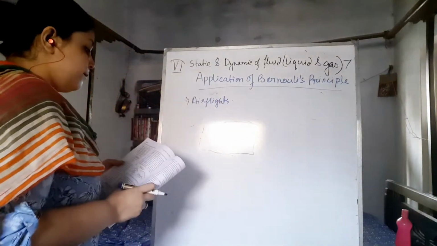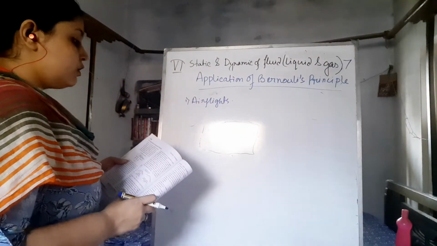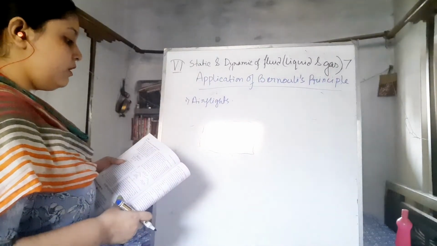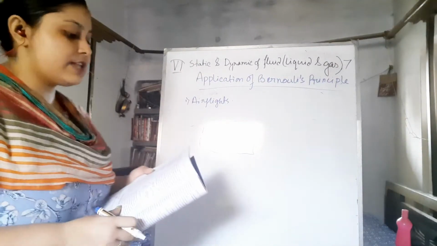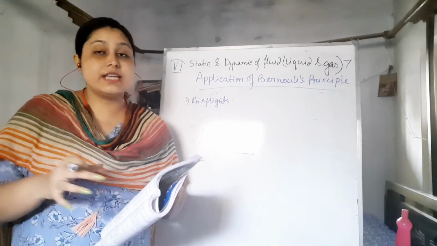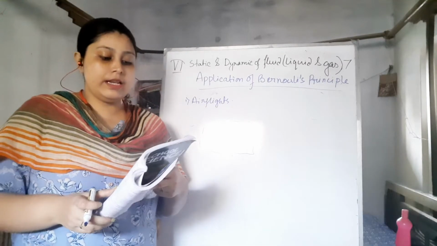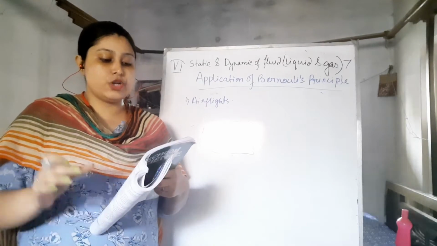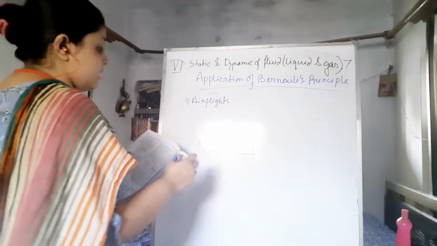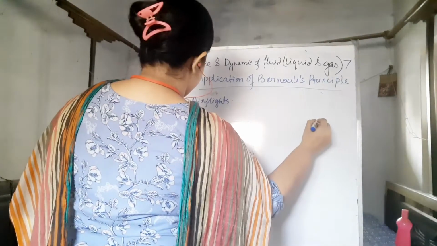Here, the way Bernoulli's principle works in air flight has to do with the architecture of the wings of a plane. In the aeroplane wings, the top of the wing is curved like this.